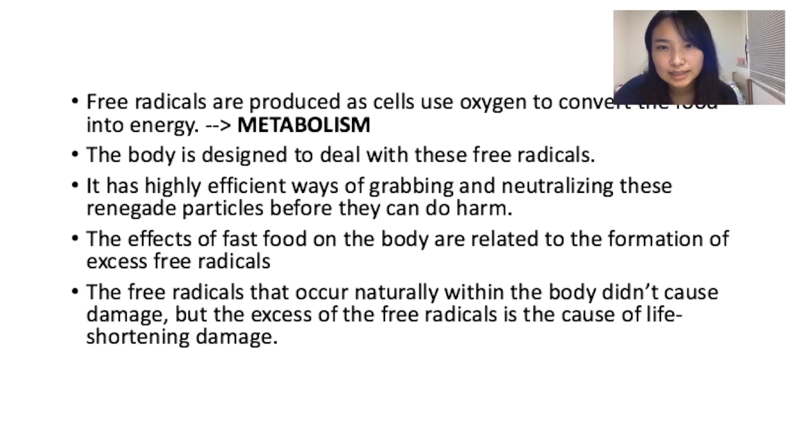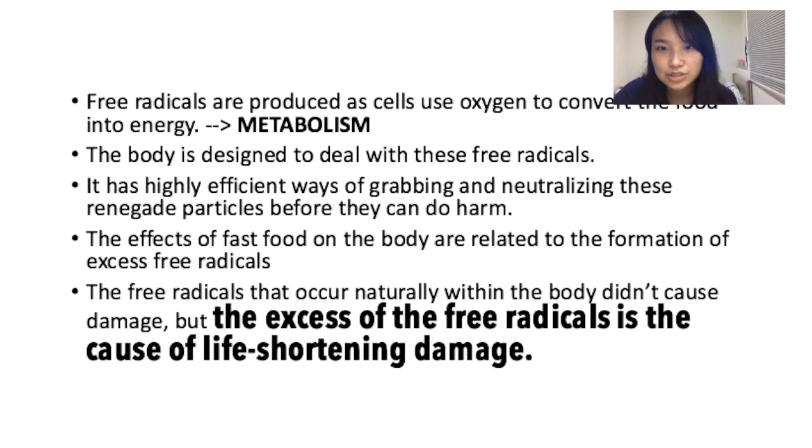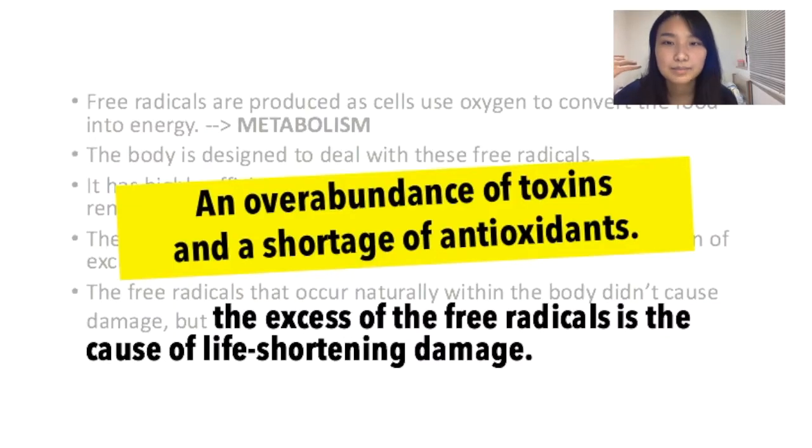So, they occur naturally within our body and won't cause damage unless there is an excess of free radicals, and that will then cause life-threatening damage. It is basically because of an overabundance of toxins and a shortage of antioxidants.